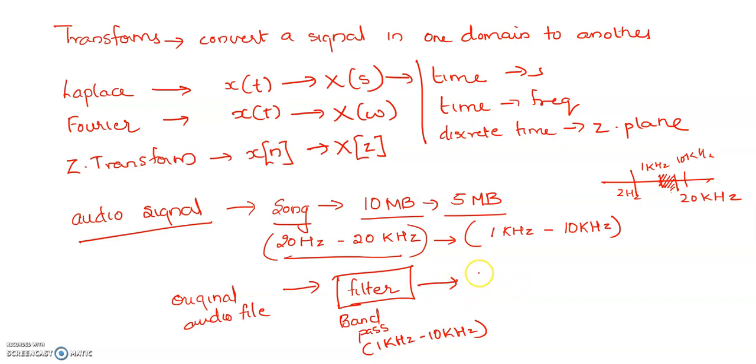You filter that and you get the modified or filtered audio signal. So what would happen? You have got rid of all the frequency components apart from the span of 1 kilohertz to 10 kilohertz. Naturally some information of your signal will be lost, and now your song can be compressed.